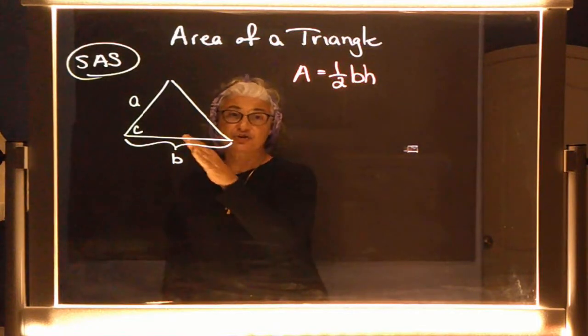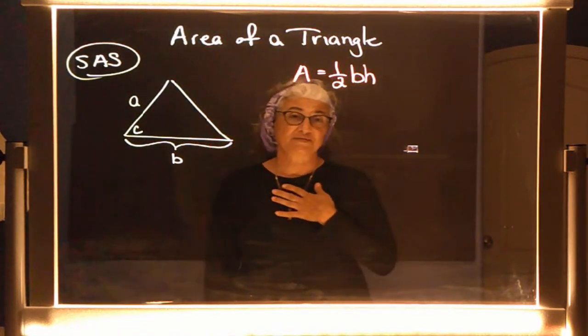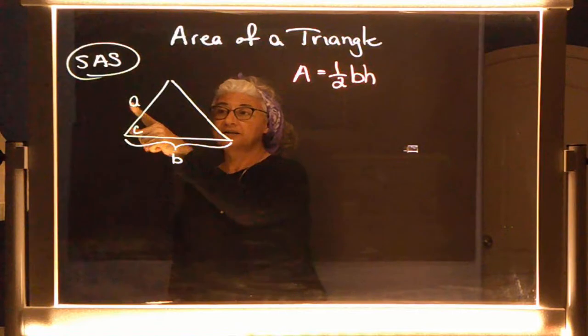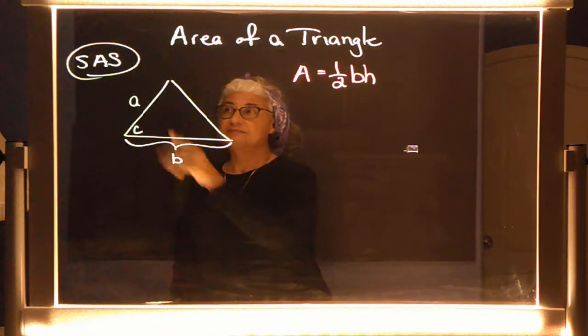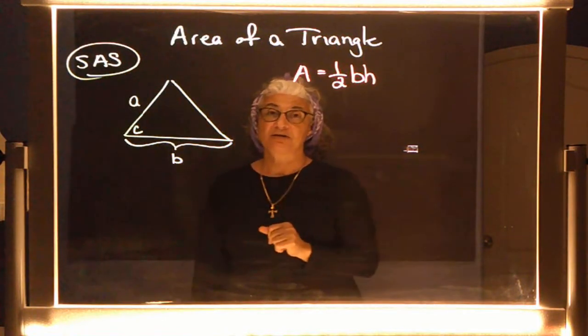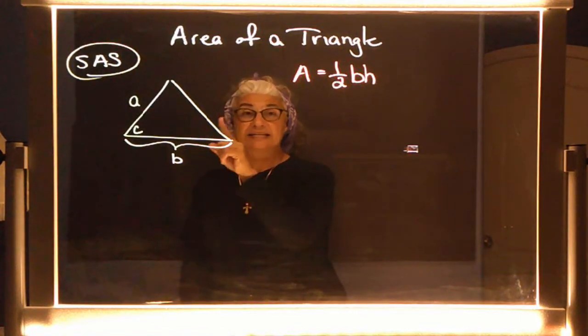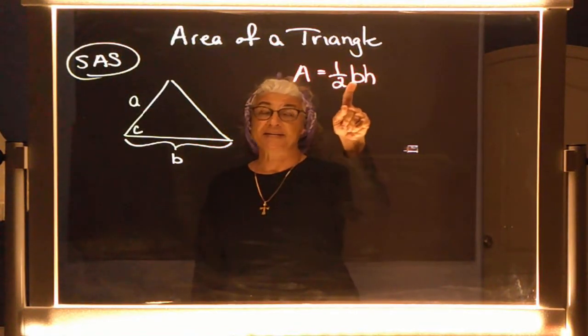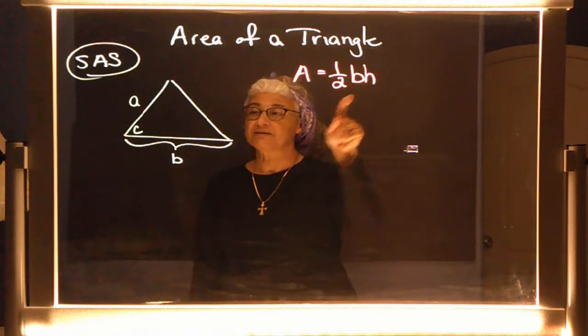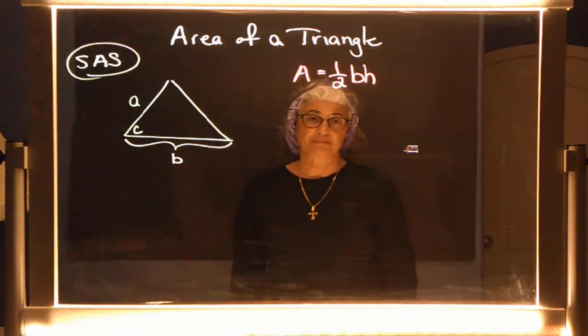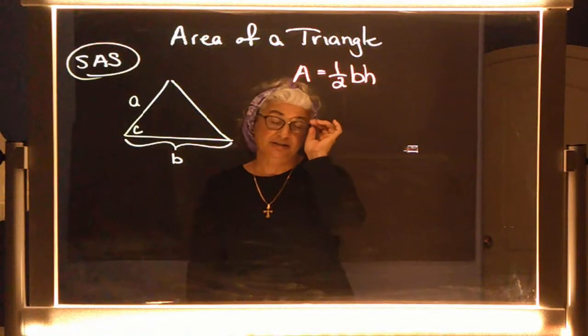If I have this triangle, and the information they've given me is a side, an angle, and a side, a side-angle-side triangle, the way I'm going to find the area of this triangle is if I know the base and the height. Well, I don't know the height, do I? Okay, so imagine this.